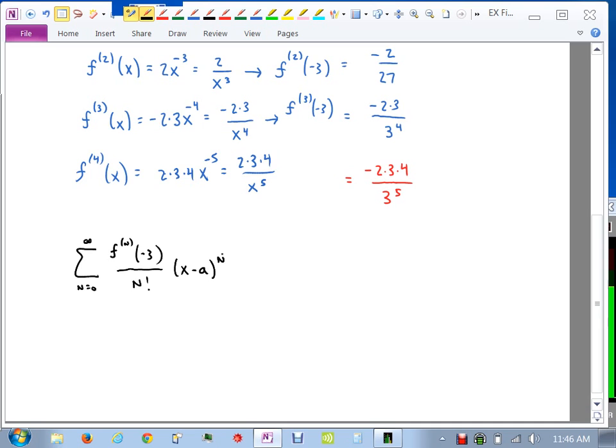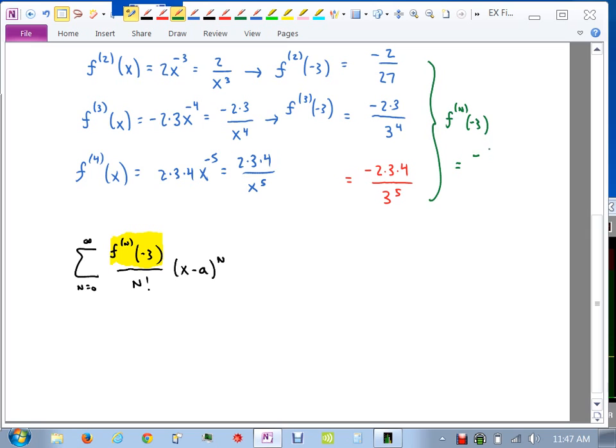But we just discovered that this numerator here has a pattern to it. The pattern is off of everything we just did, right? The f^(n) of negative 3 looks like it's equal to, what did everyone say?